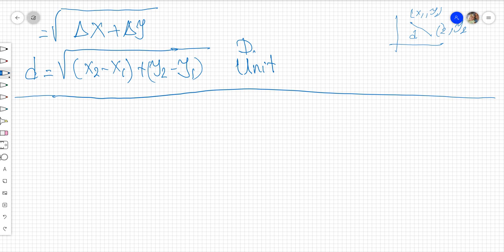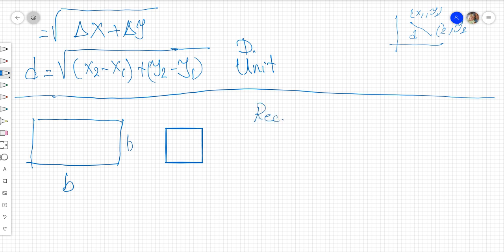So, if we talk about a rectangle or a square, and by the way, a square is a special case of the rectangle where all the sides are the same. If the base here is B and here is H, then for the rectangle, the area will equal B times H. And the perimeter is the sum of all the sides, so it will be 2b plus 2h.